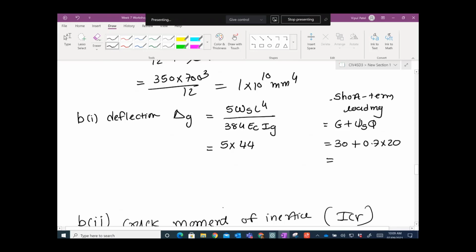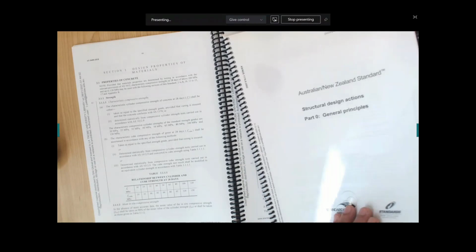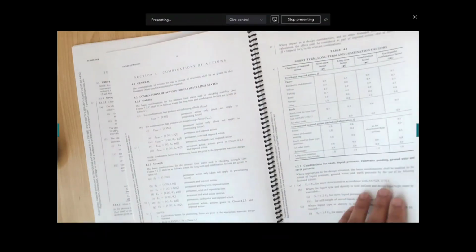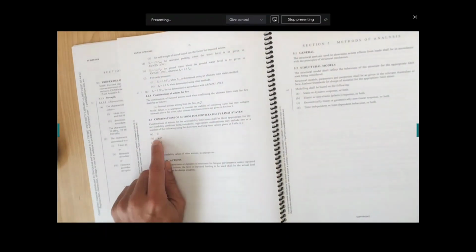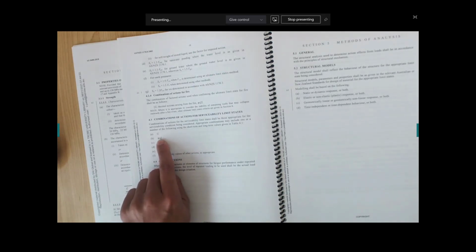Now someone might say, where do you get these equations? If I take you all the way back to SD2 last year, you may remember that for serviceability you have G plus short term load factor times Q. Now someone may say, why are you not multiplying the short term factor with the dead load? Because the dead load is there on day one when you open your building, but the service load is reduced by 30%.